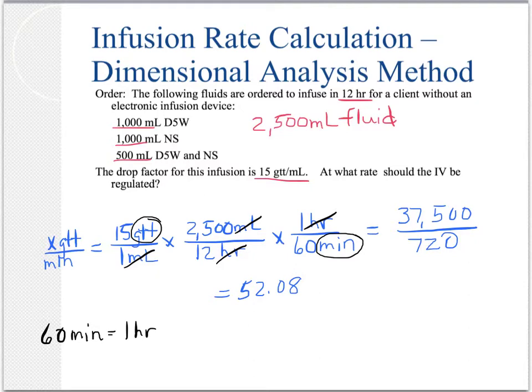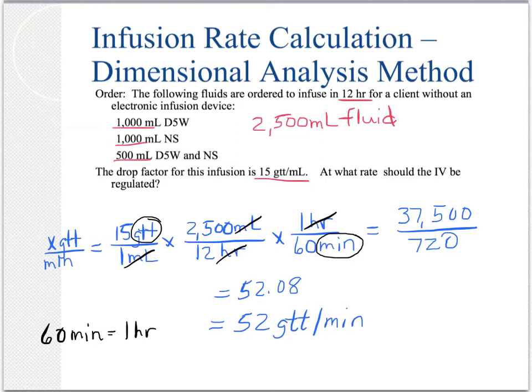And again, because we cannot calibrate in less than full drops, we need to apply our rounding rules. Since 0 is in the tenths position and it is less than 5, we simply keep 52 drops per minute as our answer, which is exactly what we got in our previous examples.